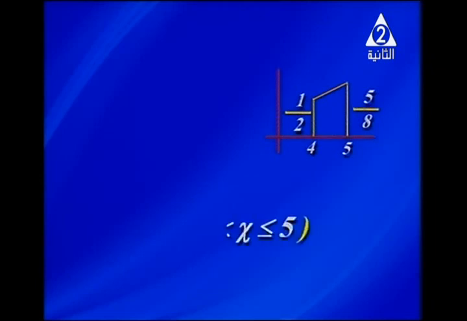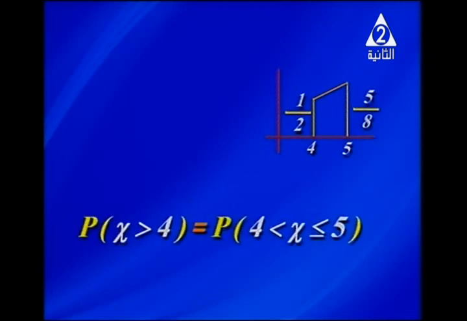Then, after that, we find the second required when x is more than 4. Look at x more than 4, from 4 to 5. Why? Because the domain of the function is from 3 to 5. What is the probability when x is more than 4? It equals the probability when x is more than 4 and less than or equal to 5.